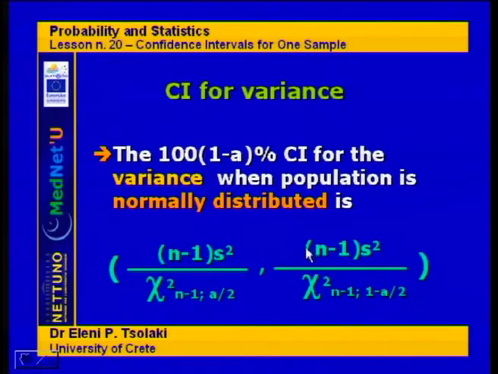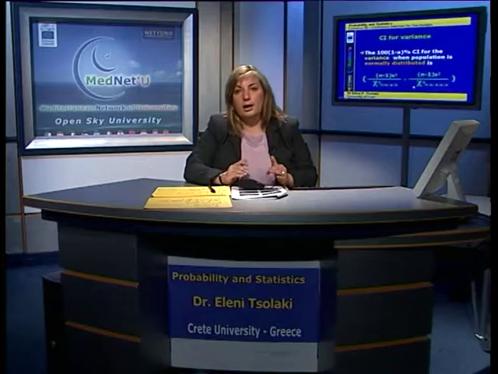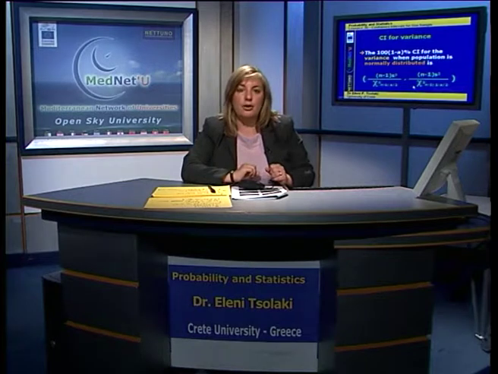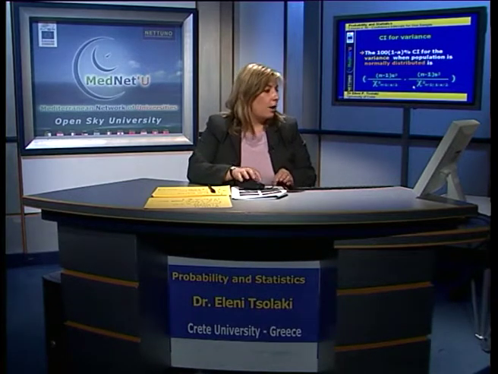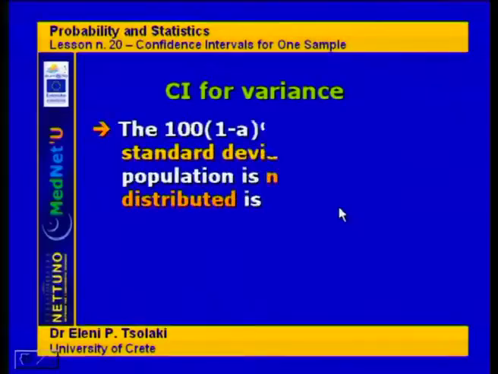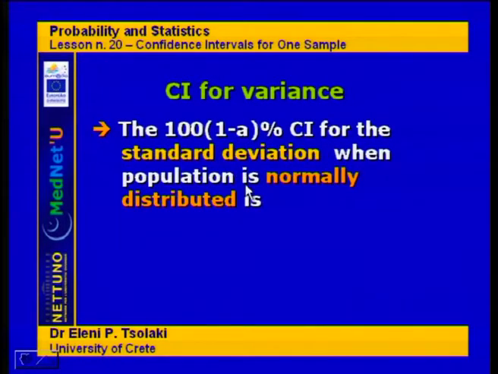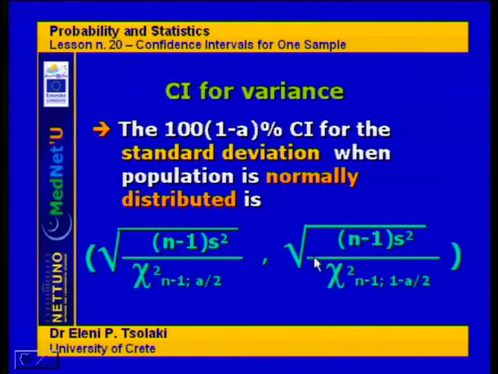That's the important difference for this distribution from the other distributions we have used to find confidence intervals. For the standard deviation, when again the population is normally distributed, we take the confidence interval of the variance, but we have to take the square root of what we have calculated.